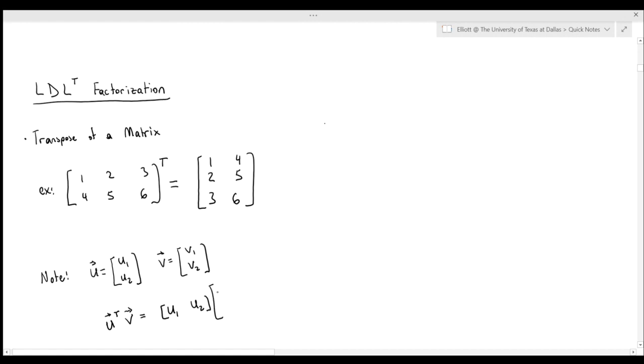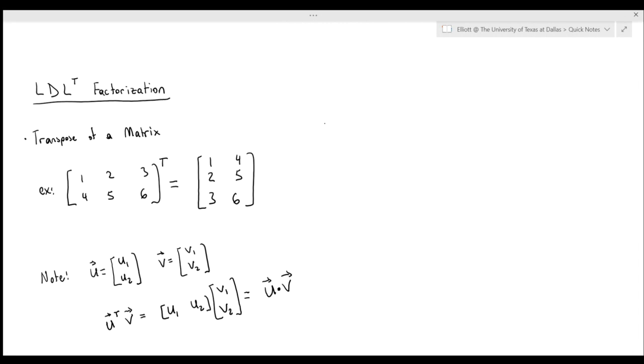So that's u transpose times v. When you do this matrix multiplication, you see that gives you u1 v1 plus u2 v2. And of course, you recognize that as the dot product of the two vectors.